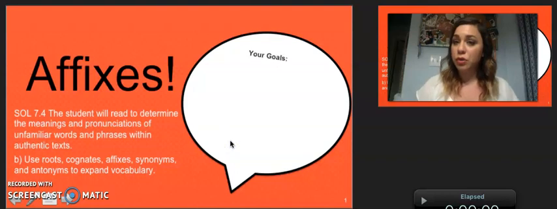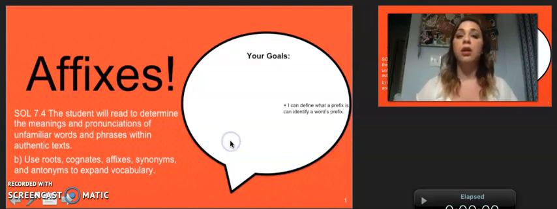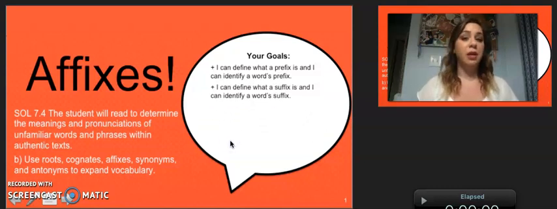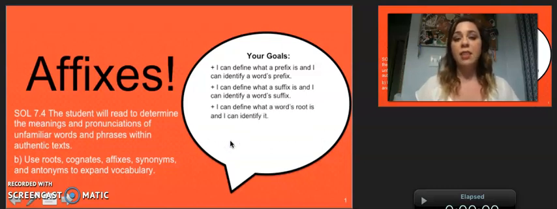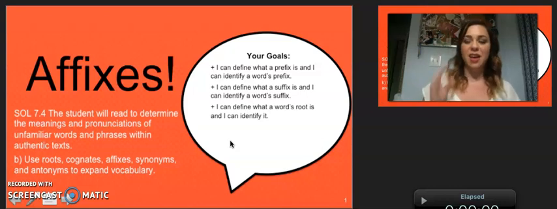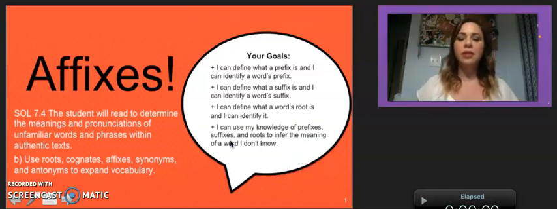So your goals for today are to be better able to define a prefix and identify a prefix, to better be able to define a suffix and to identify a word suffix, and then to define what a word's root is, to be able to see it and identify it and pick it out. And then finally, to take your knowledge of all three of those things and combine them so that you can infer meaning for a word that you don't know.